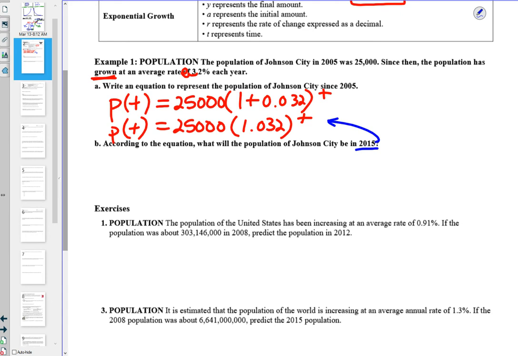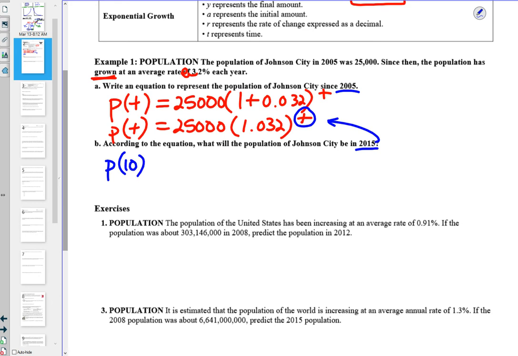I'm going to substitute into it. What am I going to plug in? Well, I'm not going to plug in 2015. We want to know how much time has passed. So from the time we started measuring in 2005 to 2015, how many years have passed? 10 years. So I'm going to put t at 10. I'm going to evaluate the function at 10.